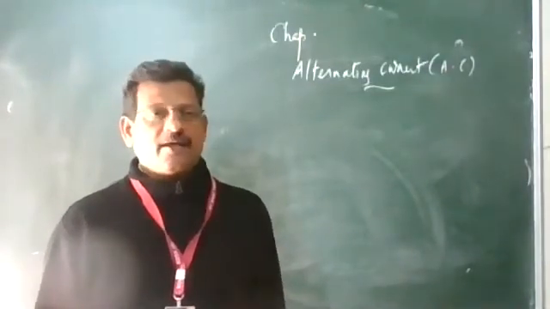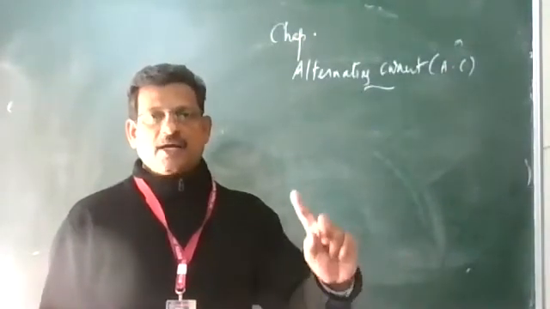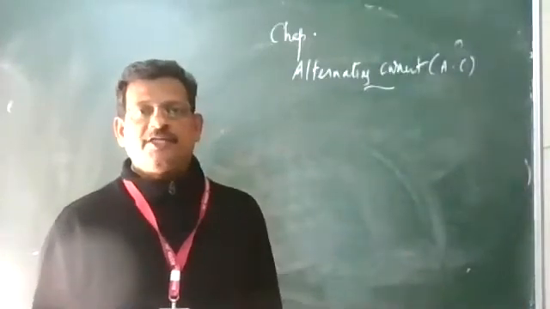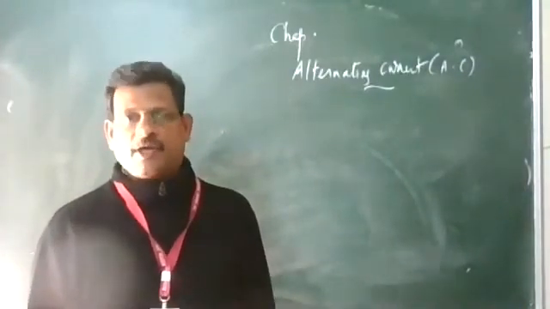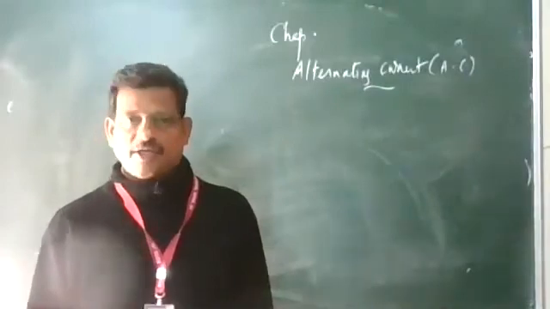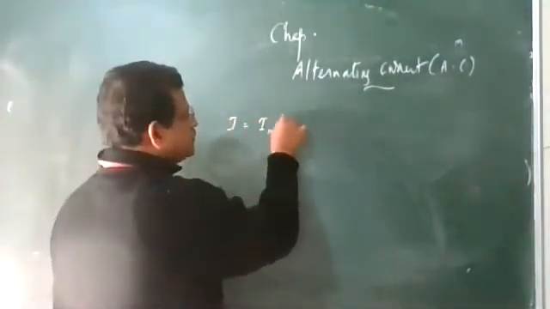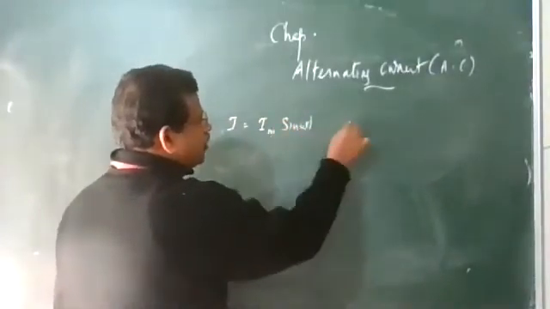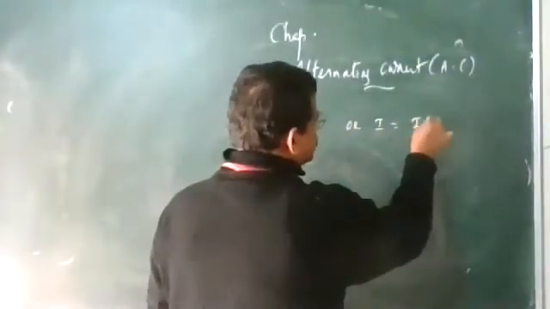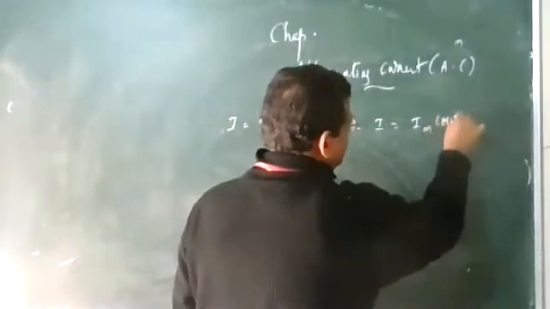What is an alternating current? The current whose magnitude is continuously changing with time and whose direction changes periodically is known as alternating current, and can be represented by I equal to I naught sin omega t, or we can represent it with a cos function, I naught cos omega t.